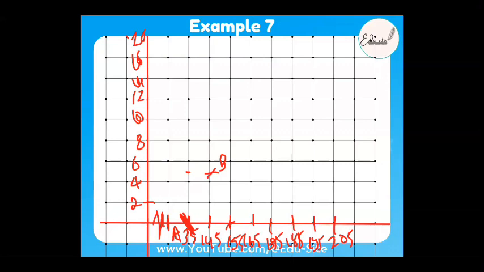Point C stands for 10. Point D stands for 20, I mean 165 is for 20. And then 175 for 9. And then we have 185 for 6, and then 195 for 2. This is the frequency polygon that we have made.